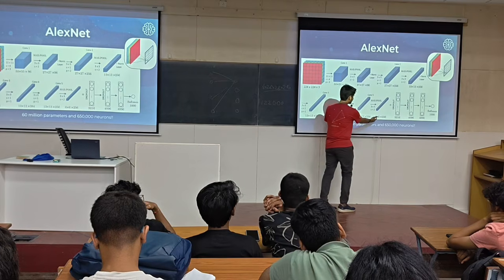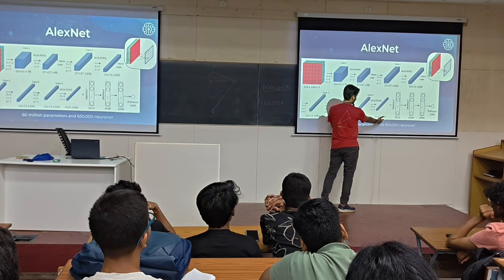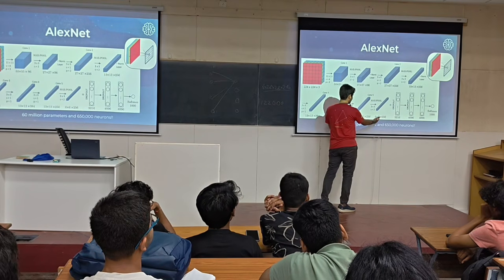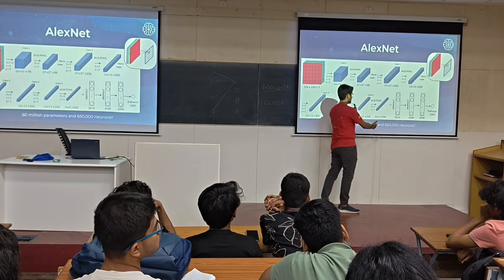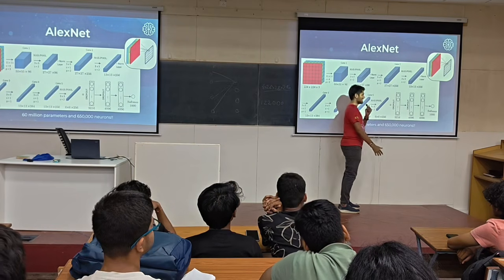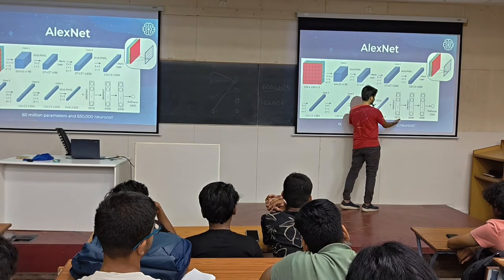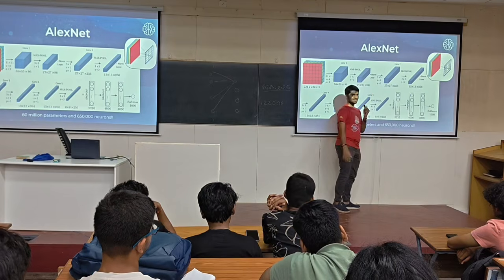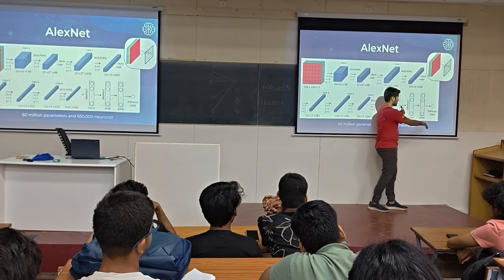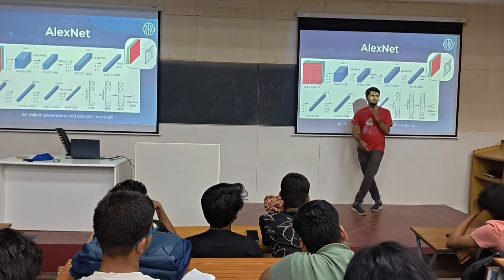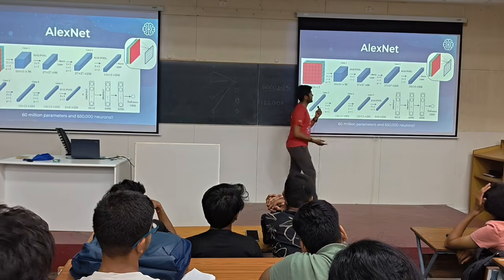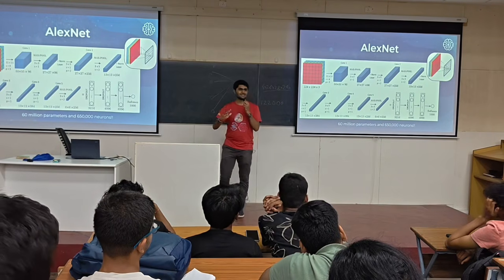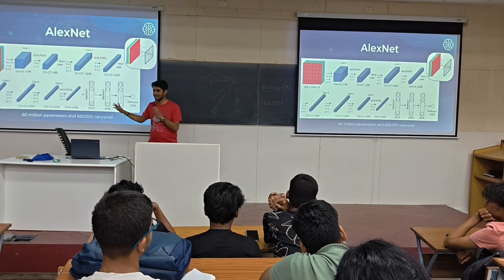Now you get 6 into 6 into 256, which might mean some 9,000 or something, that many features. Then this neural network has 4,000, 4,000 features. Finally, they have to classify across 1,000 categories. So this was the kind of network. The main thing was they scaled up everything.